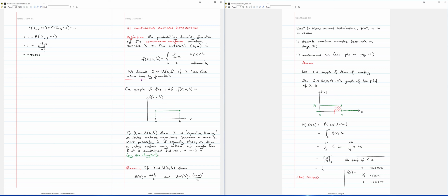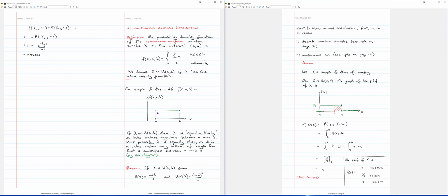In the general case, it's a random variable that is really just going to take values between A and B, and the probability that it takes any value between A and B is actually the same.